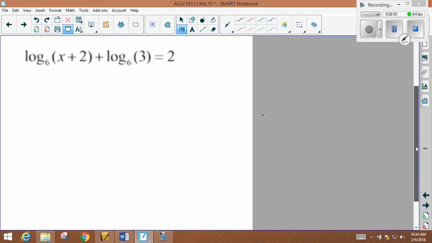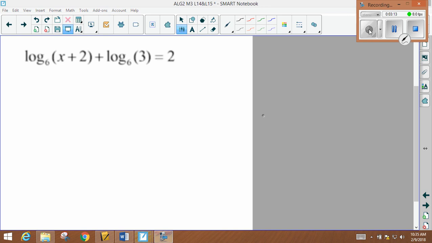Log base 6 of x plus 2 plus log base 6 of 3 equals 2. First thing I want to do is use my property of logarithms.